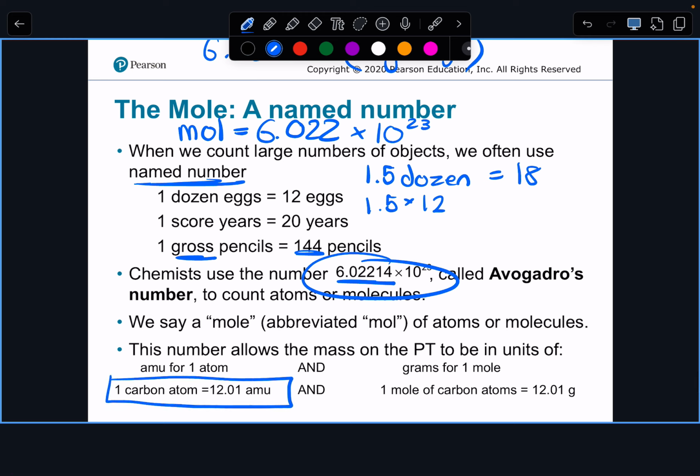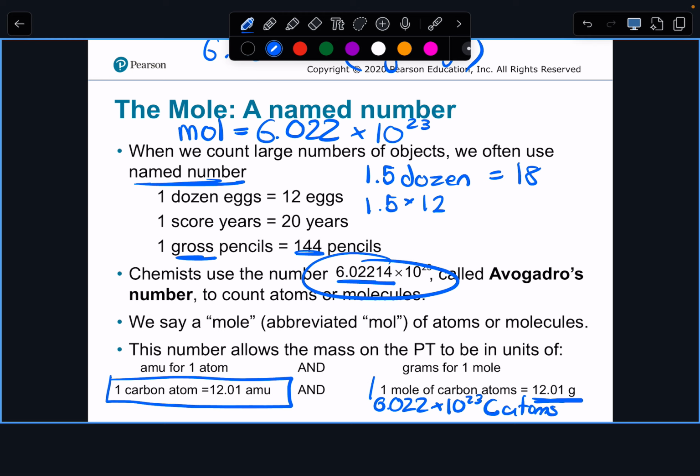So what's really cool is that when we talk about carbon and we say that 1 carbon atom weighs 12.01 AMU, by using 6.022 times 10 to the 23rd, we actually make it so that 1 mole of carbon atoms, or 6.022 times 10 to the 23rd carbon atoms, are equal to 12.01 grams.